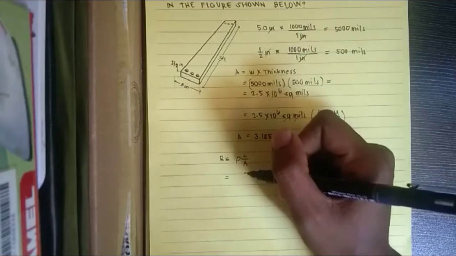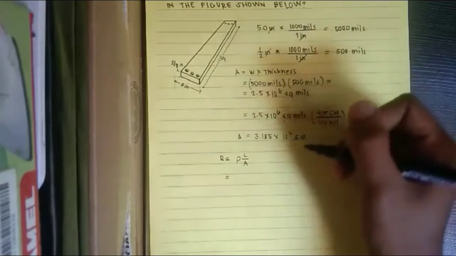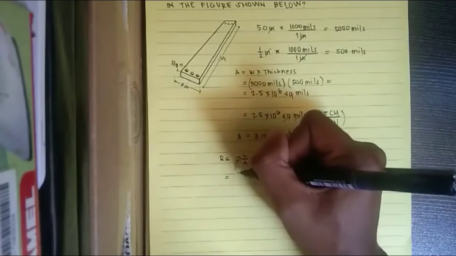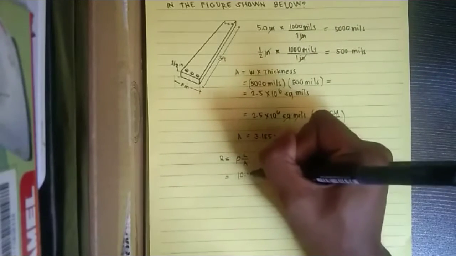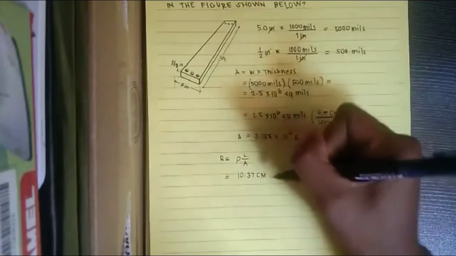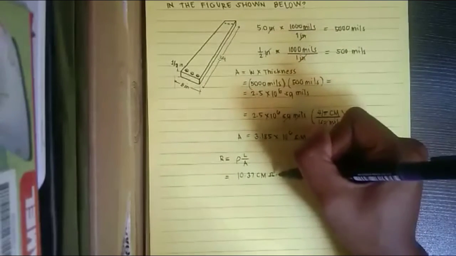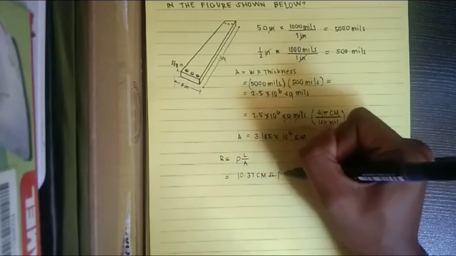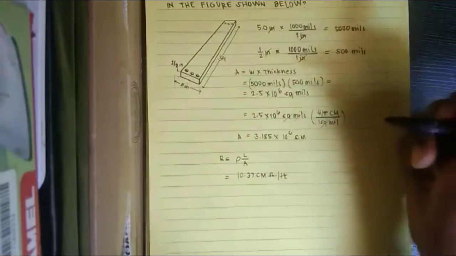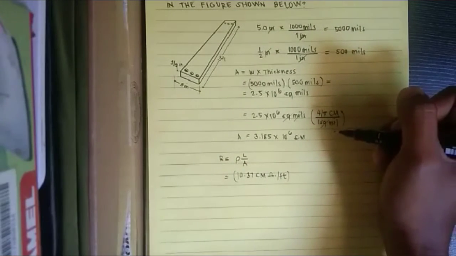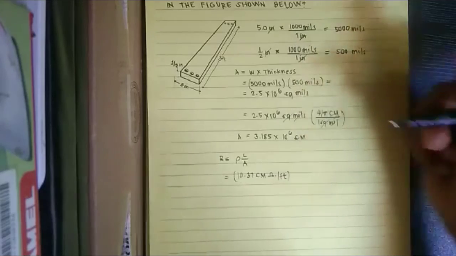Yung rho natin is 10.37 circular mil ohm per feet, multiply by yung length natin which is 3 feet.